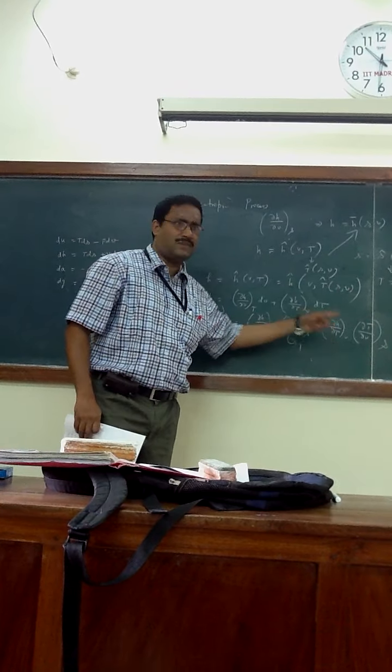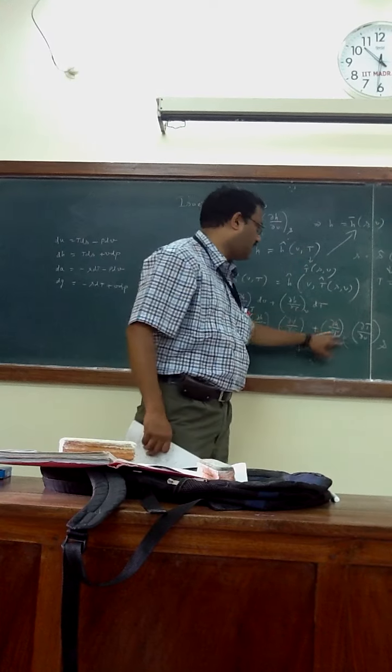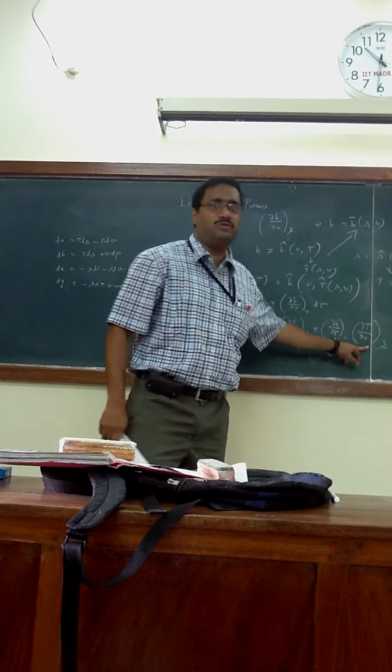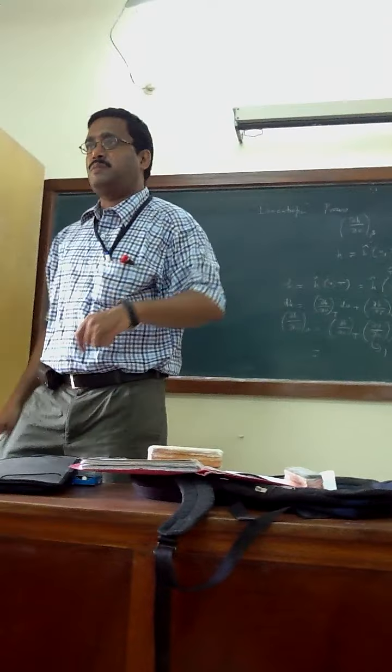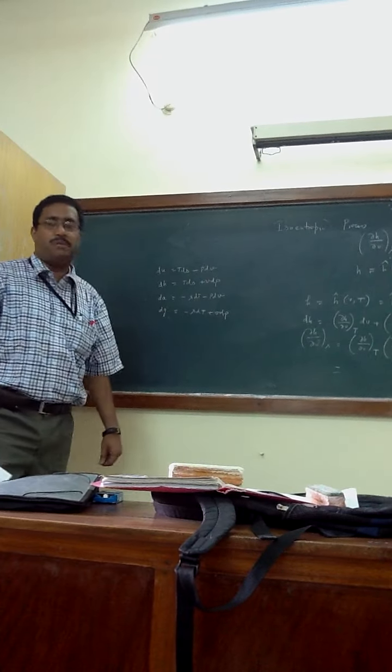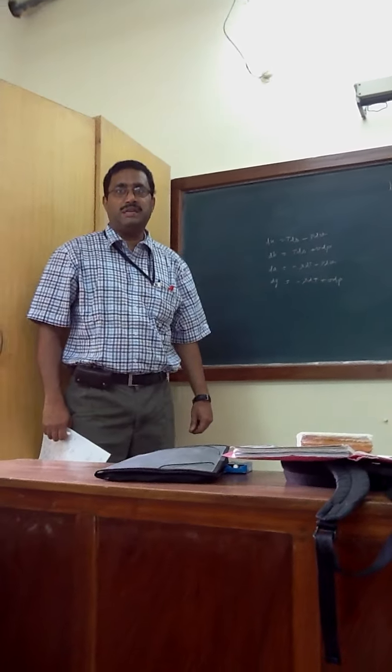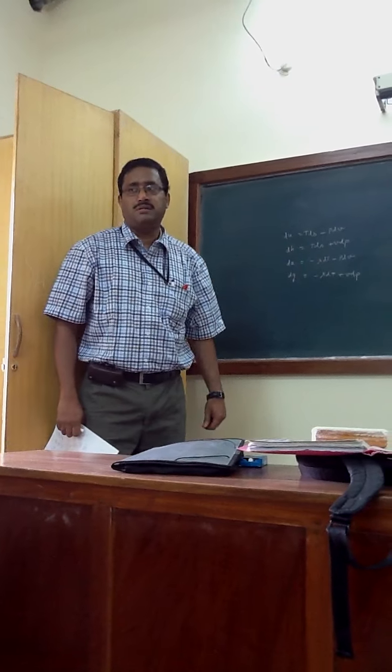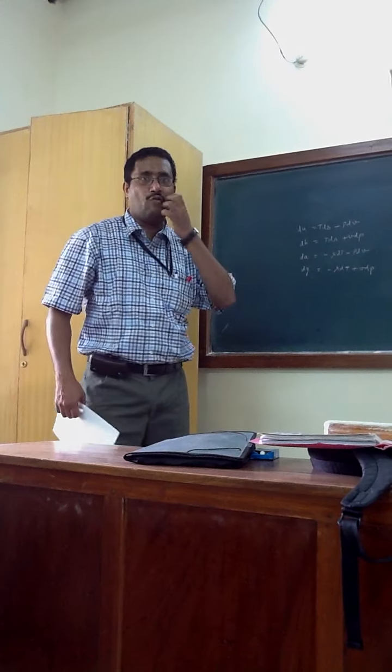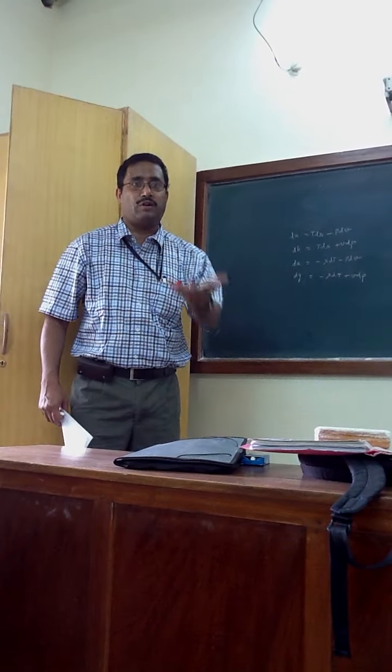Not Cv, something is there, I'm not sure what's the value. And dou T dou V at constant S, again you use the implicit function theorem, which is minus dou S dou V at constant T by dou S dou T at constant V. And that's it. Now you are a real expert in how to evaluate all these derivatives.